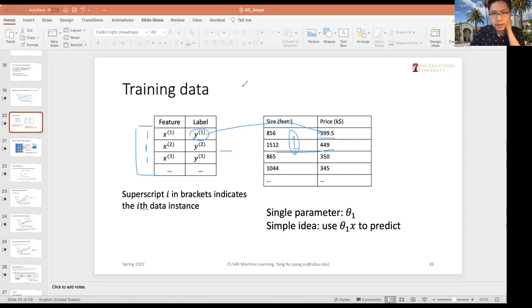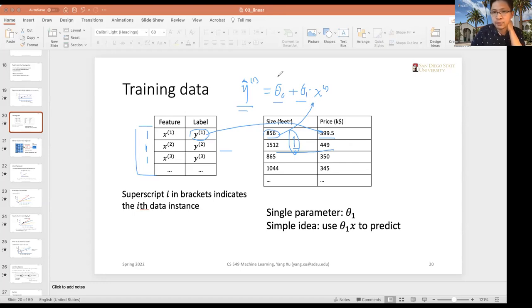And the predicted value y hat 1 will be the result of theta 0 plus theta 1 times x superscript 1, and x superscript 1 is this value, 856.